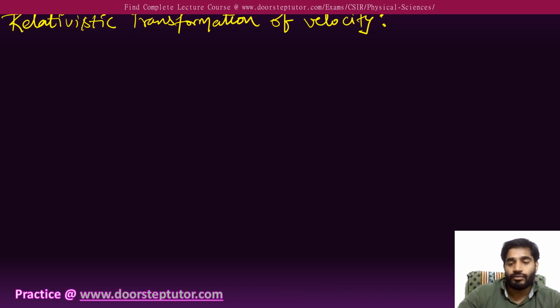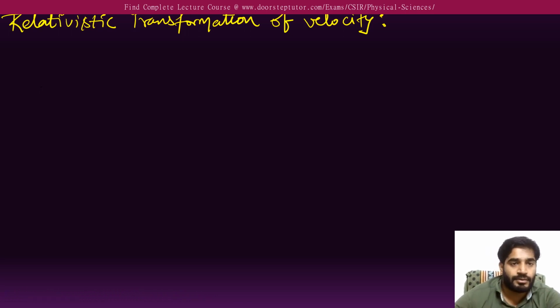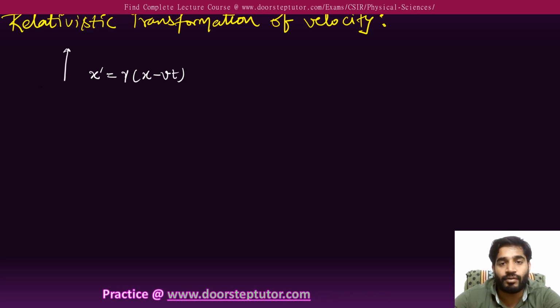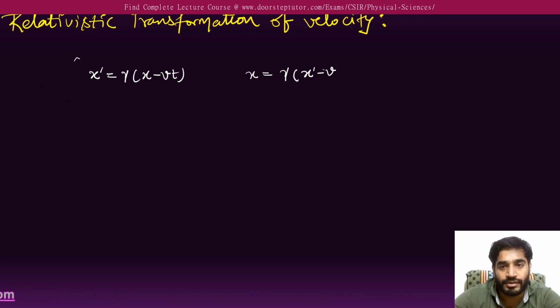We already know there is a transformation of coordinates from one frame to another. For example, the Lorentz transformation: x dash is equal to gamma times (x minus vt). If we want to convert from x dash to x, then x is gamma times (x dash plus v t dash).